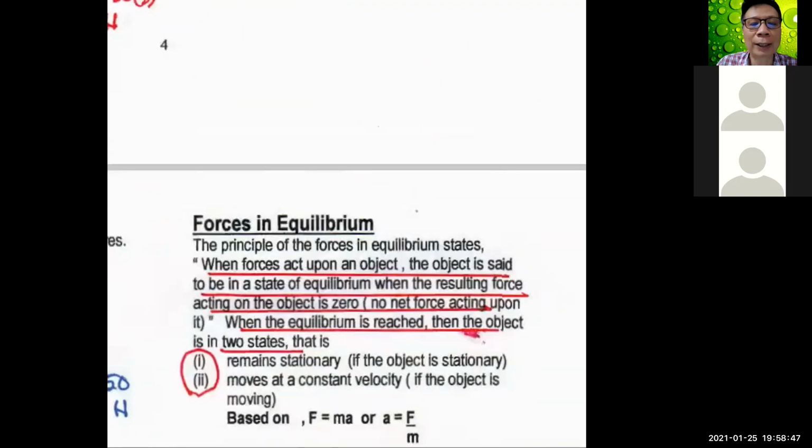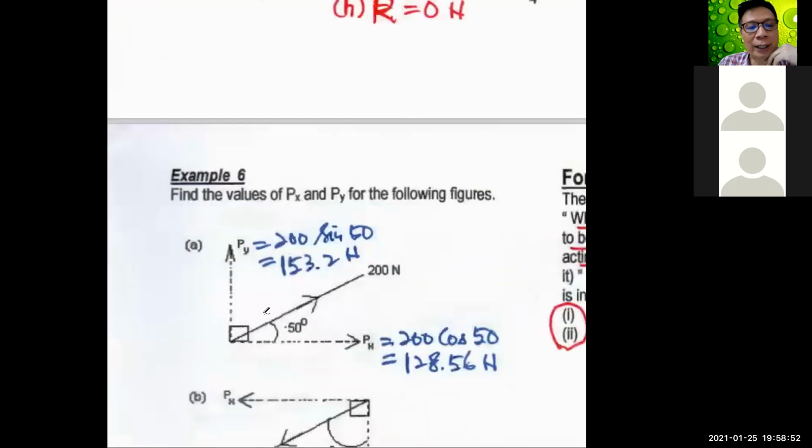Okay, now we look at example 6. 6 is quite simple. Okay, now you see here. It's given here 200 Newton. The angle here 50, right? If you are given angle, so this one is cos, 200 cos 50, correct? I told you, right? The one near the angle is cos.